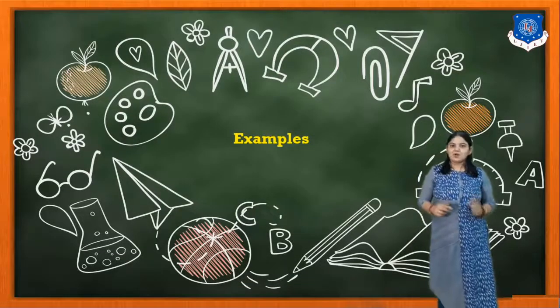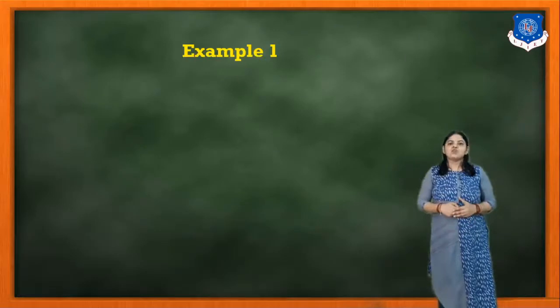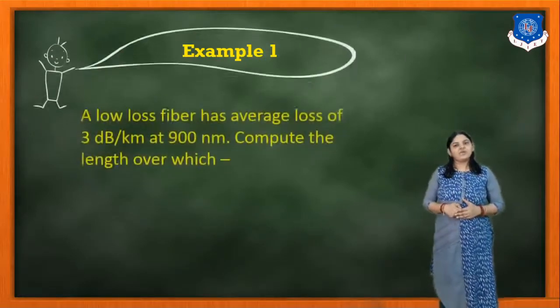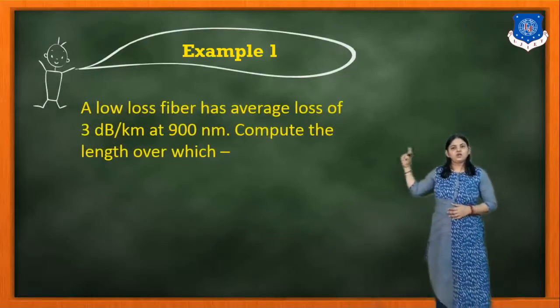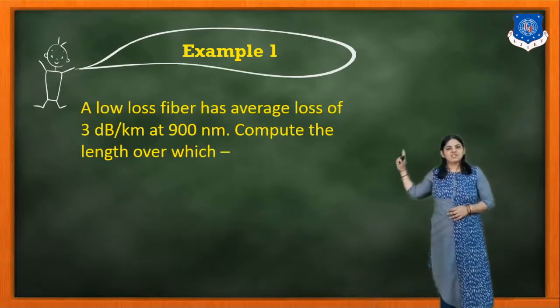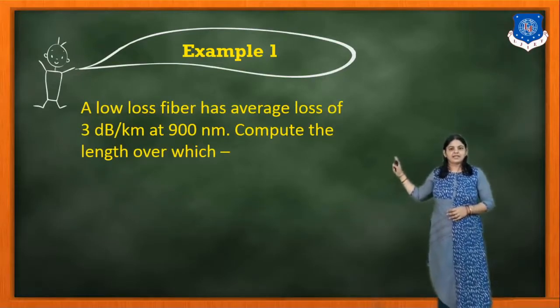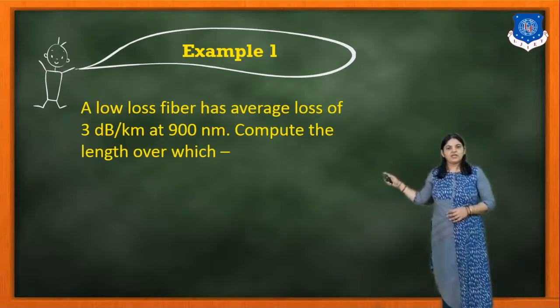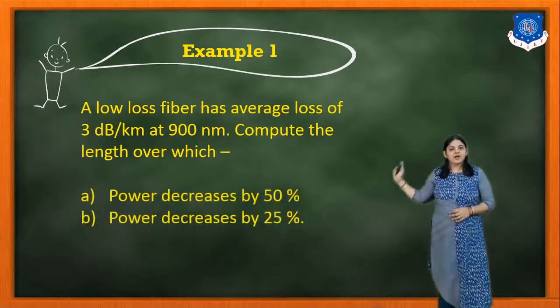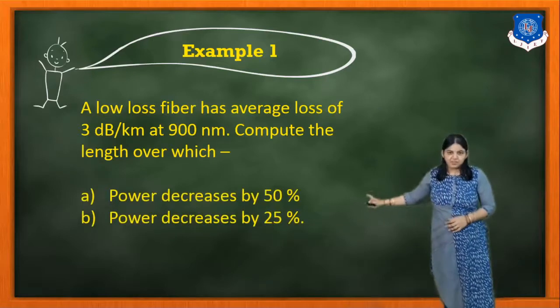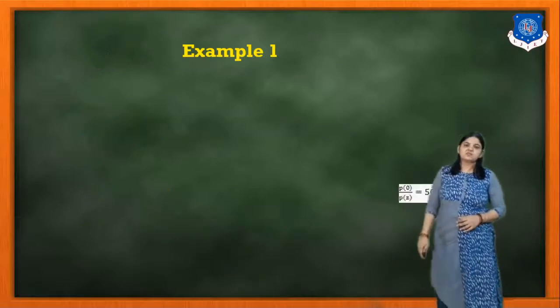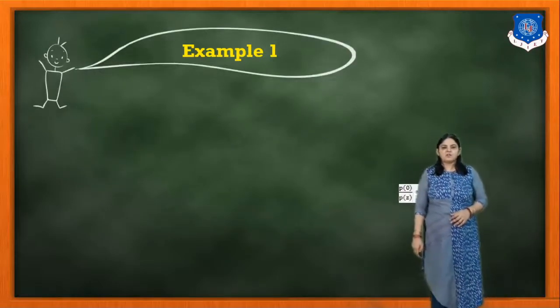So now we will solve examples based on this. Example number 1: a low loss fiber has an average loss of 3 dB per kilometer at 900 nanometer. Compute the length over which power decreases by 50% and by 25%.